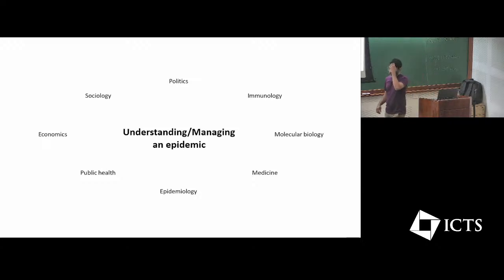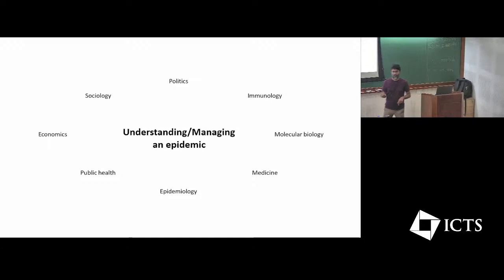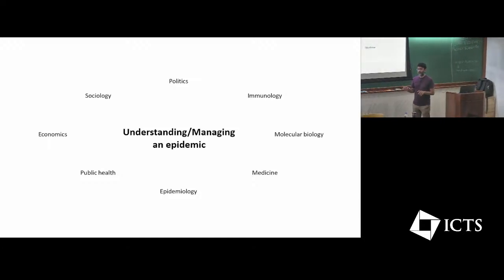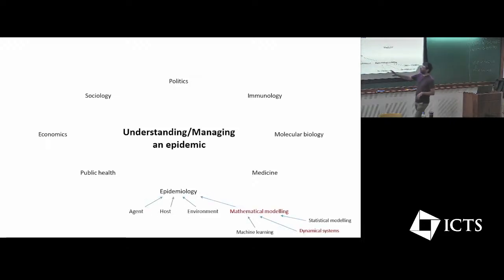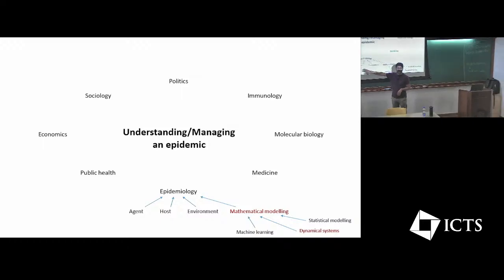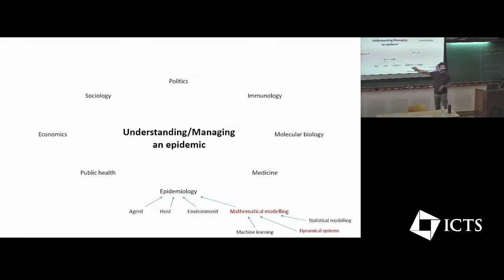So just to situate what I'll be talking about, as you've seen in this whole workshop, there are so many things that go into understanding the spread of infectious disease, right? And we are going to talk about only a very, very small part. We'll be talking about epidemiology, but even within epidemiology, we're talking about mathematical modeling.